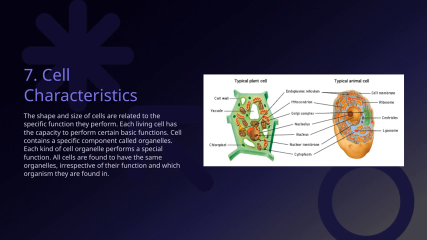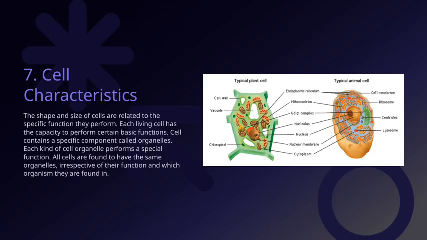Inside each cell, you'll find a variety of components called organelles. Think of organelles like tiny specialized parts, each with its own unique job. For instance, some organelles are involved in energy production, while others handle protein synthesis. What's interesting is that all cells, regardless of their type or the organism they belong to, have the same set of these organelles.